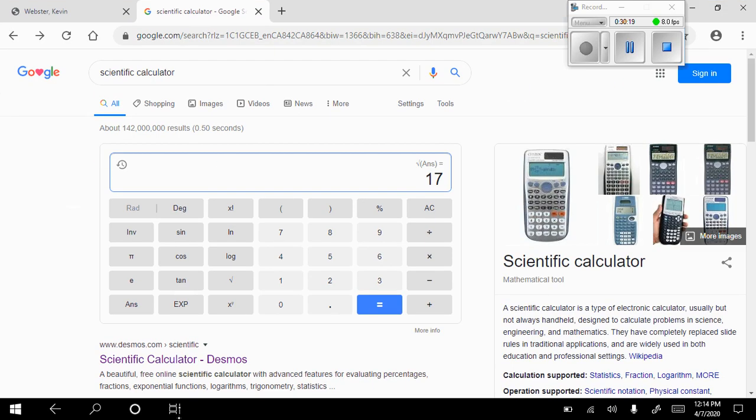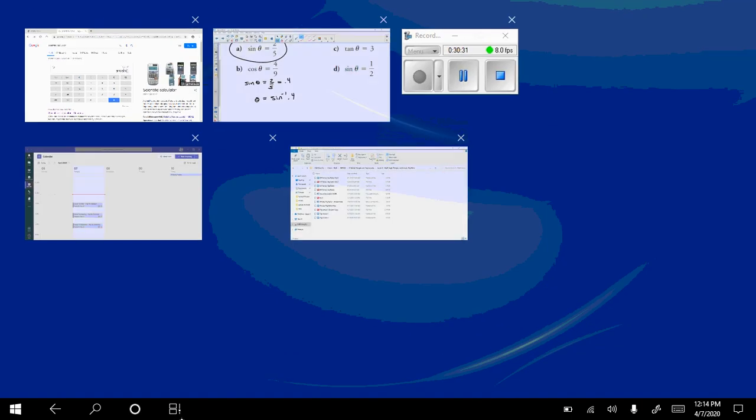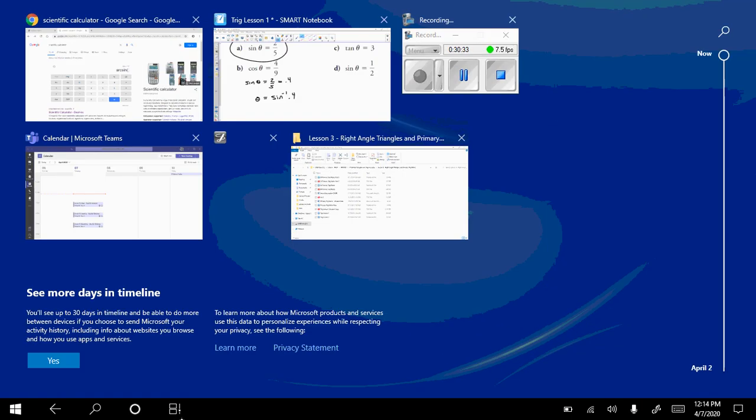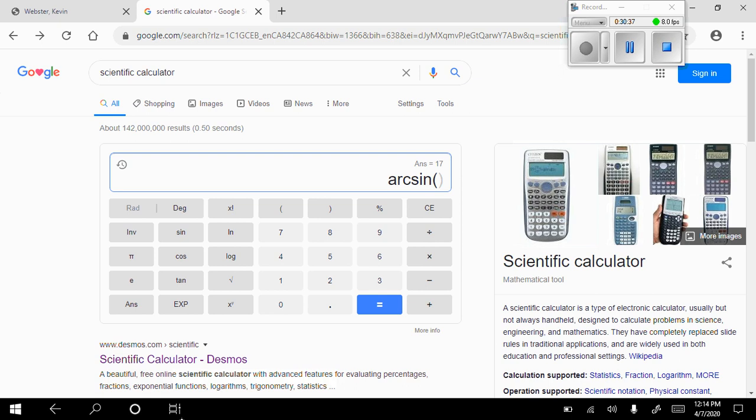Let's go to our calculator. And we're going to do the inverse. So on mine, I hit inverse. If you're using a cell phone, you'd hit second. Inverse of sine, yes. Inverse of sine of 0.4 equals 23.57.